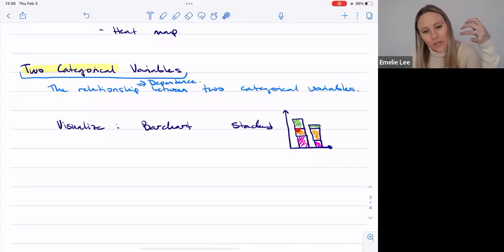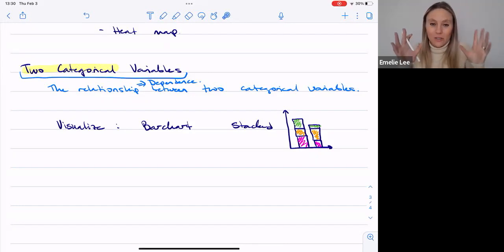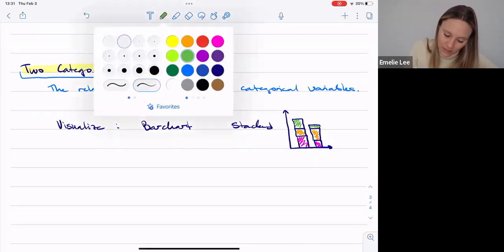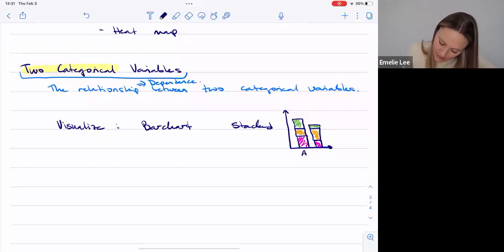So the categories in the second categorical variable within the underlying category. And usually we talk about proportions here, right? And so in this case, my first categorical variable has 2 categories, right? Category A and B.